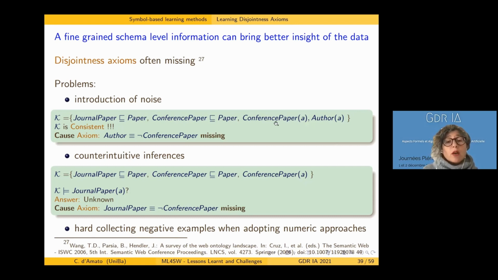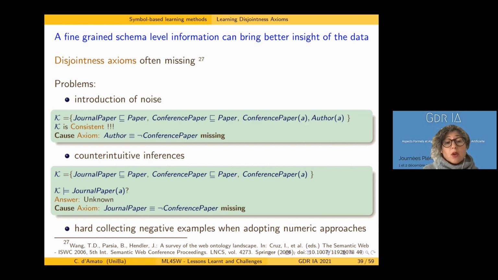And if we check for the consistency of this simple knowledge base, what we find out is that this knowledge base is actually consistent. But we know that in reality, an object which is a conference paper cannot be an author. And this is due to the fact that a disjointness axiom between author and conference paper is actually missing.